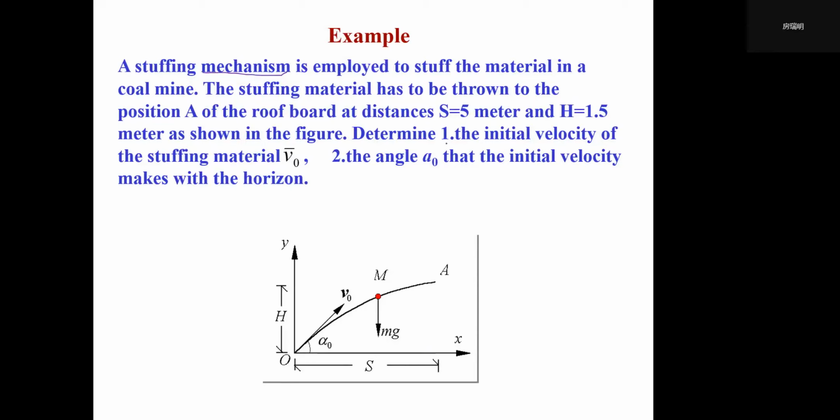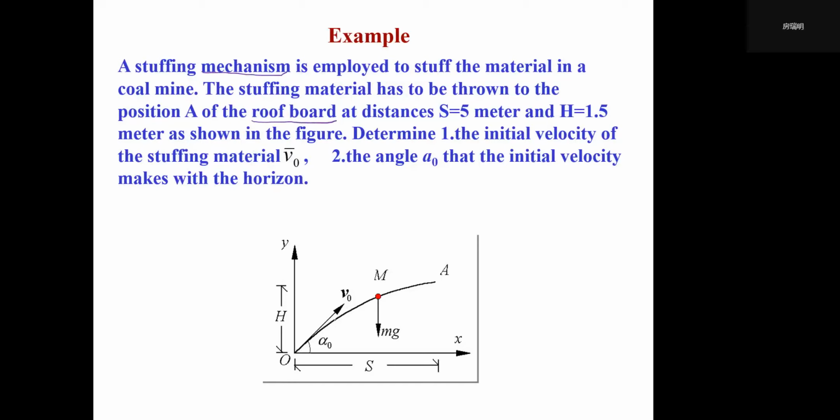So determine, one, the initial velocity V0 of the stuffing material, and second, the angle alpha 0, that is, the initial velocity's angle with the horizon. So I think we can analyze this picture here. This V0, our final destination is we throw this body onto the roof board, right?